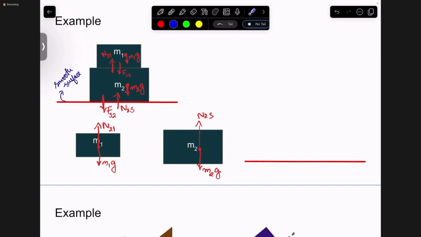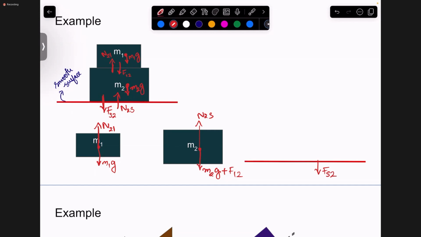So you can see this block, right? This force is being given by M1 on M2. So that also you have to draw. That is also acting downwards. That means you can add it over here. Okay. Now on the surface, you can see only one force is acting. That is FS2. So this is the force that is acting. Okay.